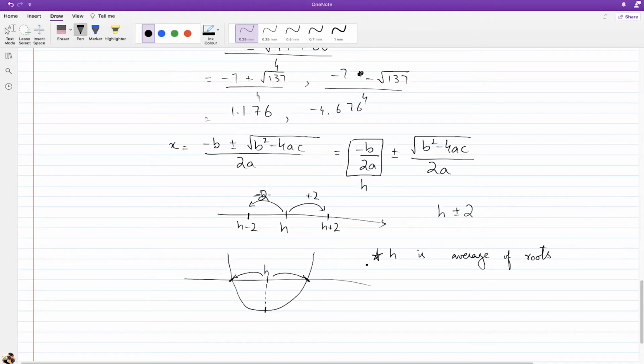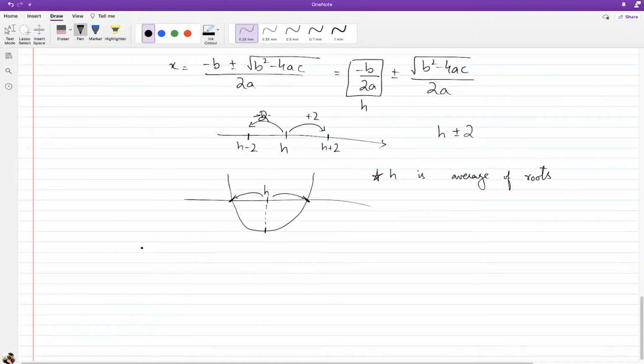Wait a minute, we have seen that before. Let's suppose I have this equation, 2x minus 7 and x plus 3. And I want to find out where its turning point is. One way is I open it up, I get 2x squared plus 3x minus 7x minus 21.